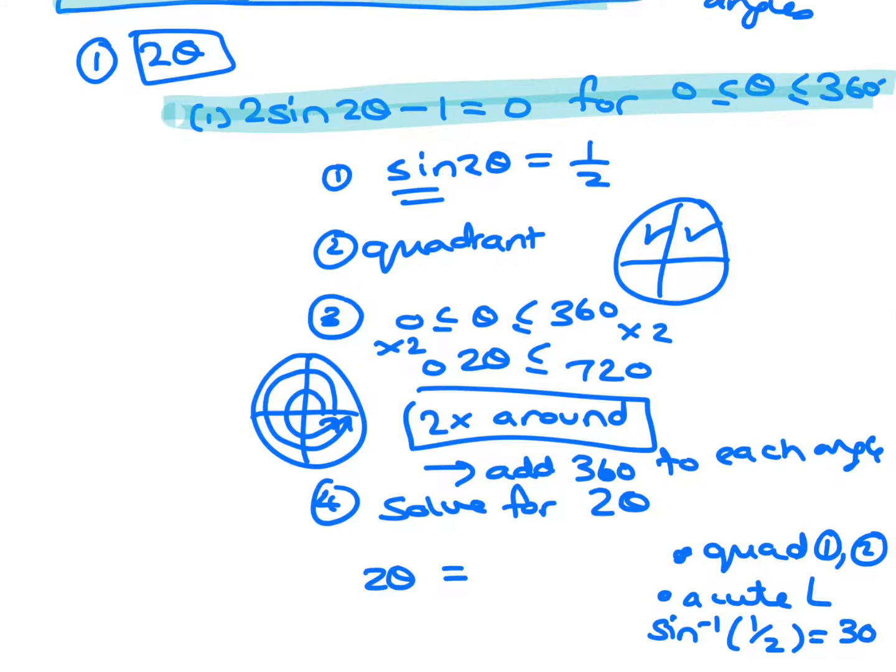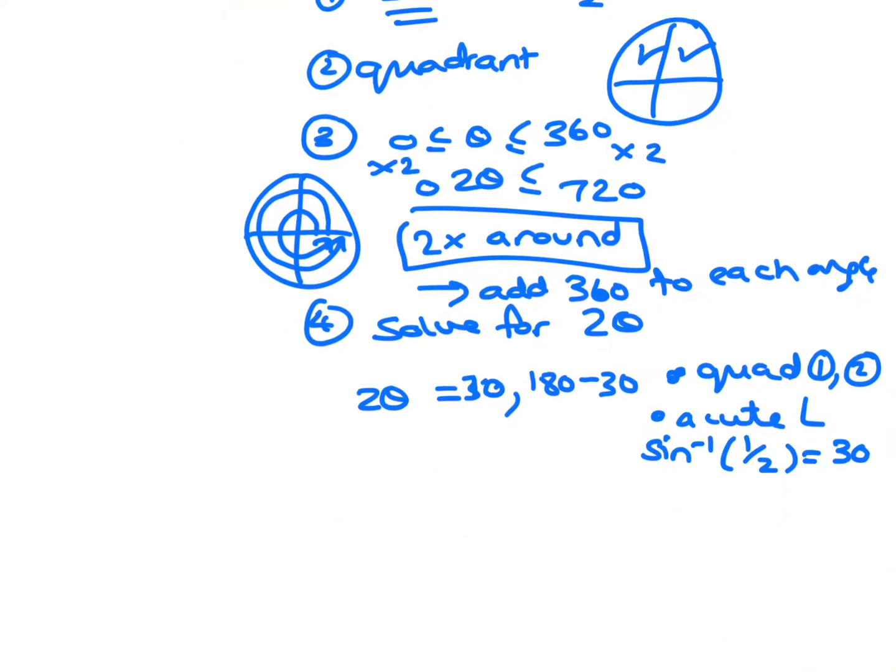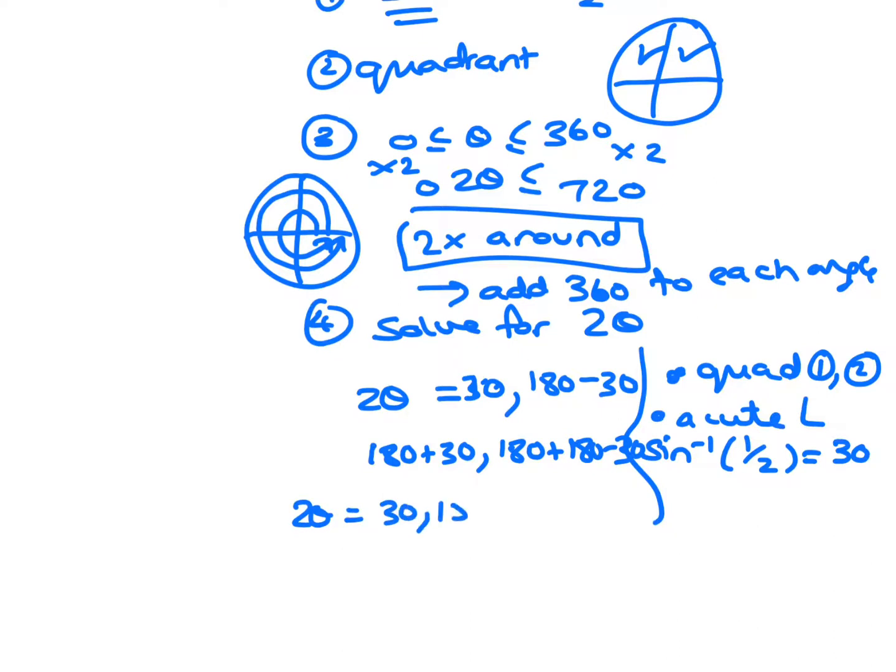In the first quadrant it's going to be 30, and 180 minus 30 for the second quadrant. Because I have to go around again, I then have to do 360 plus 30 and 360 plus 150. So you get 2 theta equals 30, 150, 390 and 510.